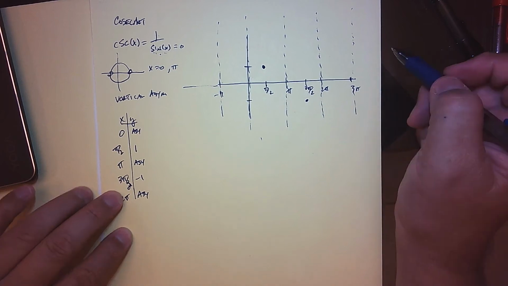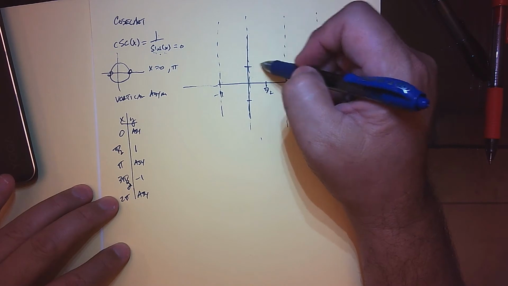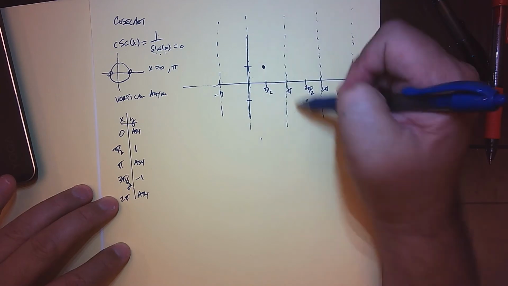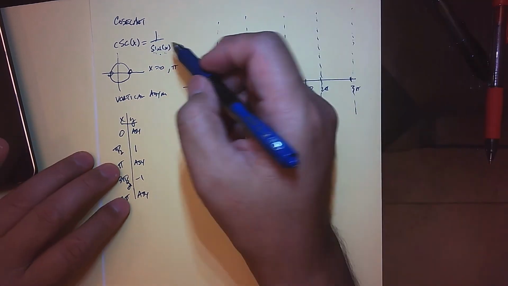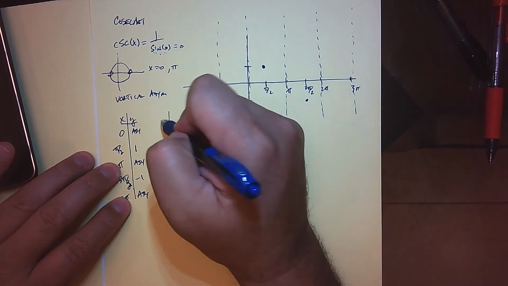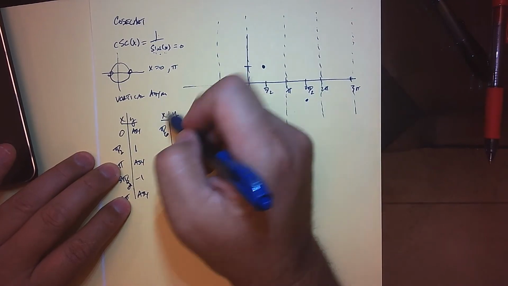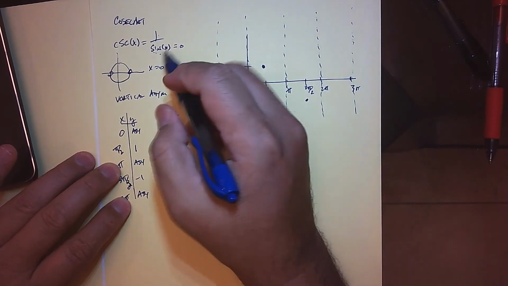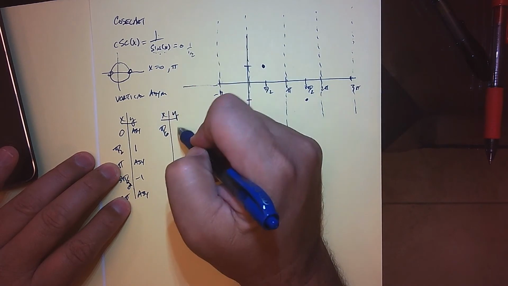So it's kind of hard to see what's going to happen with the asymptotic behavior that we just saw. You can anticipate it going up in this direction, but let's be sure. A nice value for sine is pi over 6, or what you know as 30 degrees. At 30 degrees, sine is equal to a half, so 1 divided by 1/2 gives us 2.